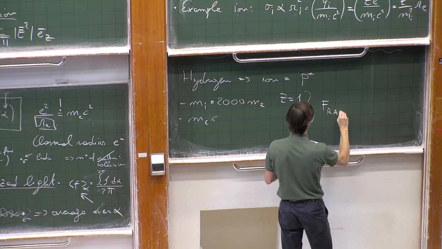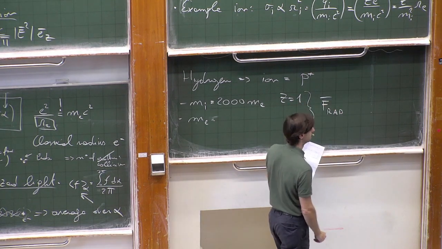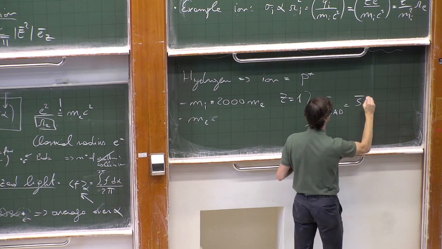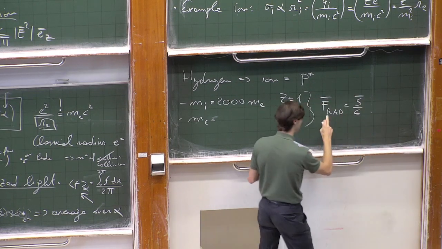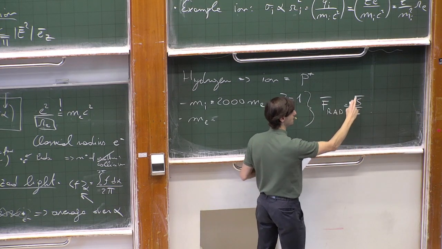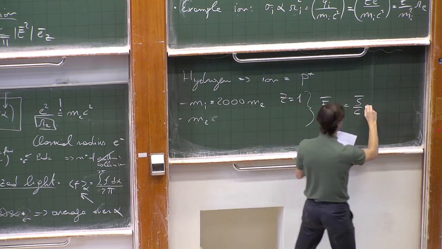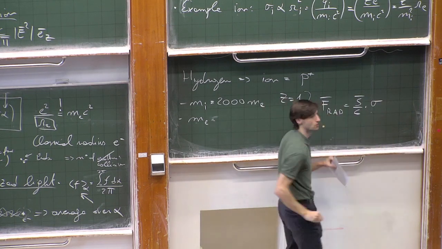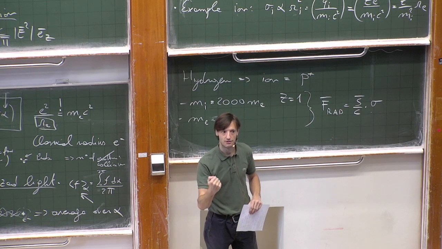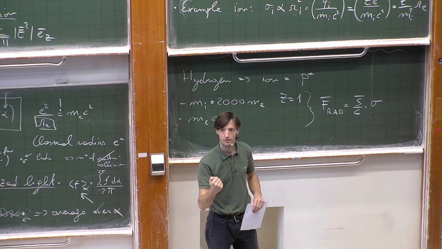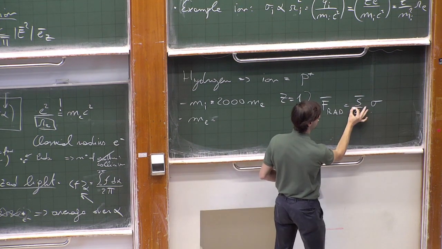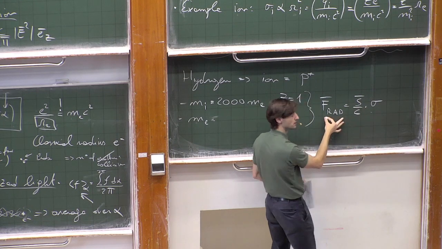And as we have seen, the force associated to radiation pressure is given by the pressure times what? The cross-section. You see the relevance of the cross-section? Okay? Pressure times area is a force.